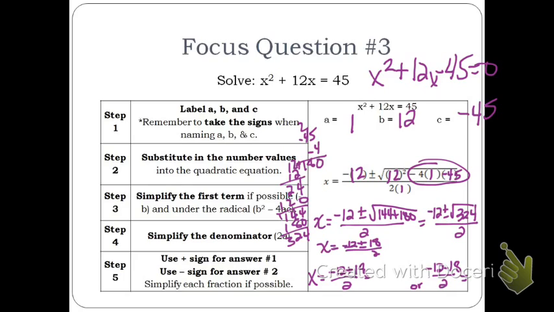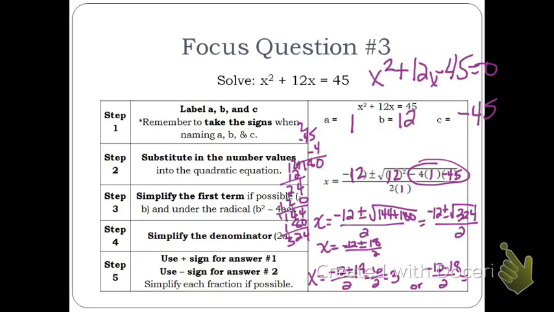Okay, split it up. X is equal to -12 plus 18 over 2 and -12 minus 18 all over 2. Simplify both of those, so -12 plus 18, what is that? 6 over 2, which reduces to just 3.